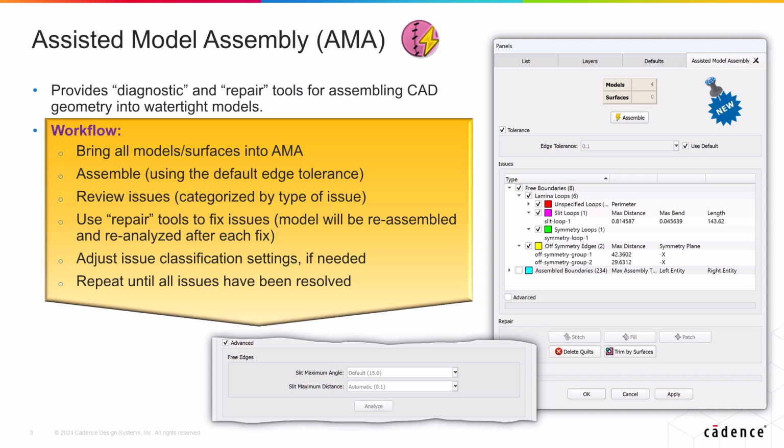There are several repair tools available, which can be leveraged depending on the type of issue. By the way, after each repair operation, the model is reassembled and reanalyzed, so the list of issues will get updated. If needed, the user can adjust some of the settings for issue classification. Typically, this process is complete once all the issues have been identified and repaired.